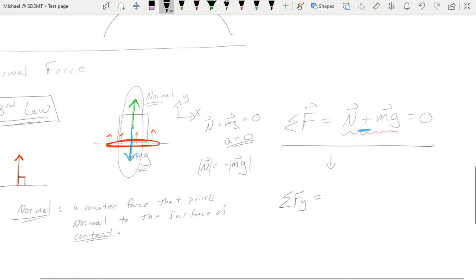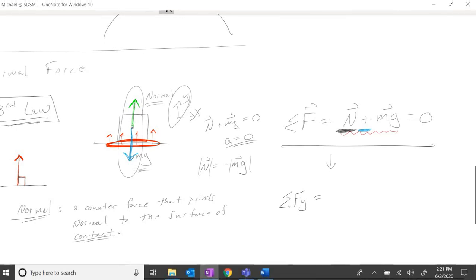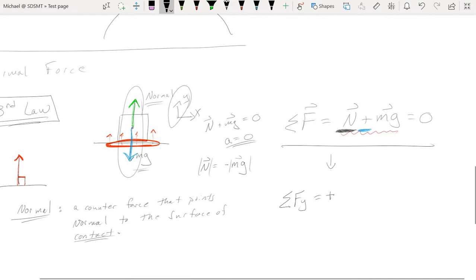And so now, when I look at adding these two vectors together, I am also going to incorporate this idea that those vectors have directions specific to the reference frame. And that means that my normal force has its magnitude oriented in the positive y direction, while the gravity force has its magnitude oriented in the negative direction.